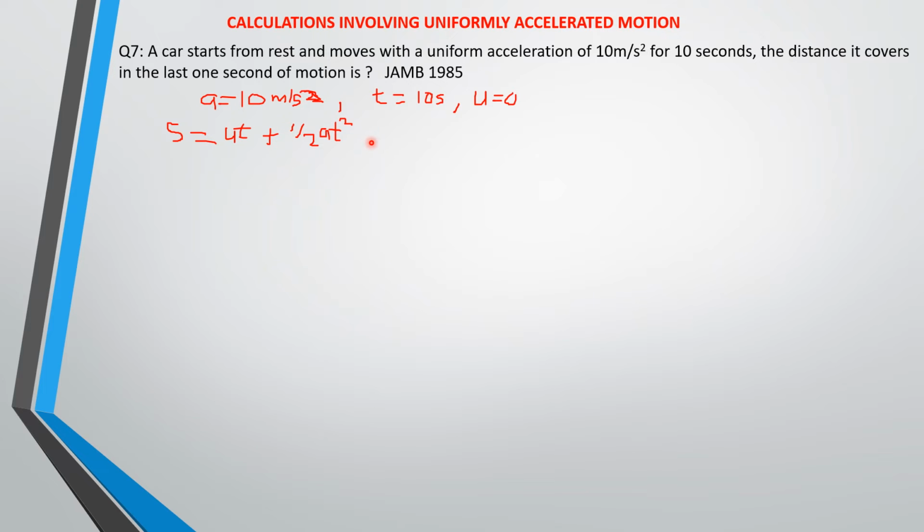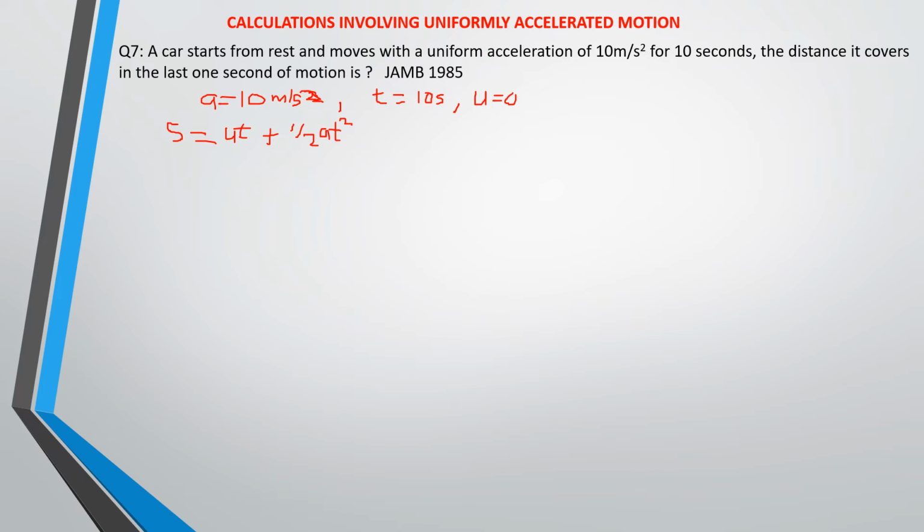Now, how do we solve for this last 1 second of motion? As I said before, the distance covered in the last 1 second of motion is the distance between the 10th second and the 9th second.